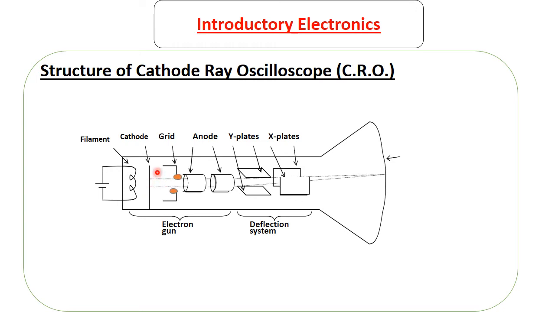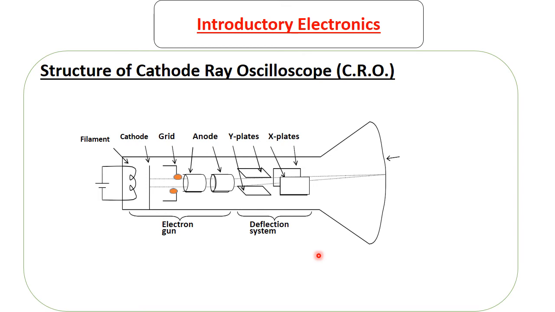Once they reach the grid, the purpose of the grid is to adjust brightness. To adjust brightness means that depending on your situation, you might want what you see on the screen to be brighter. So you have access to a tuner which you tune to choose the level of brightness.